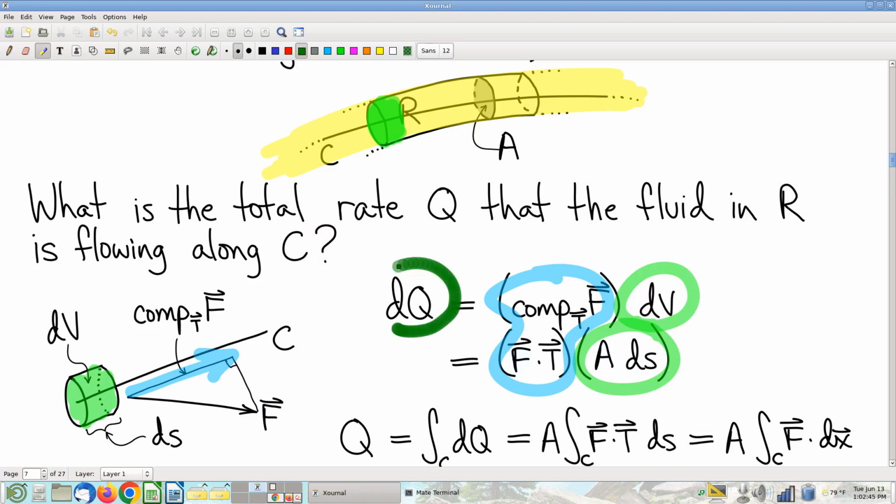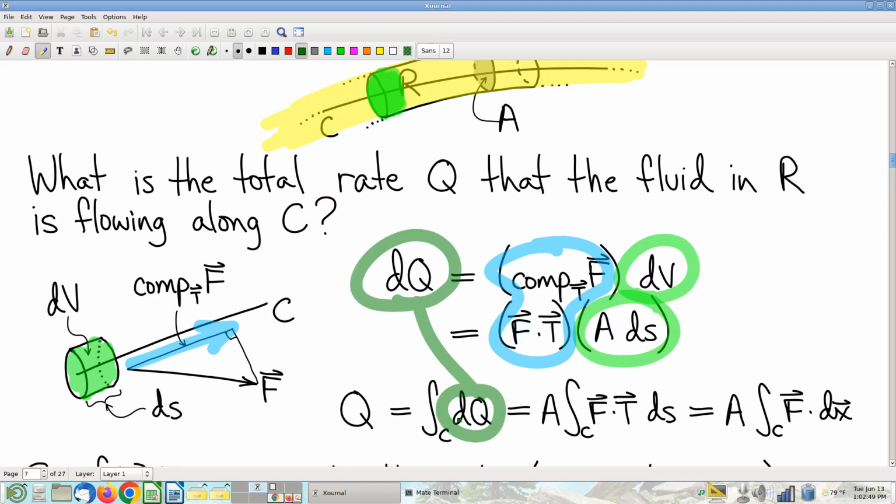I'm going to call this a piece of what I'm trying to compute. I'm trying to compute the total amount that fluid is flowing along the curve. I've got here one little piece of fluid flowing along the curve, and if I add up over the entire curve, that'll give me the total.